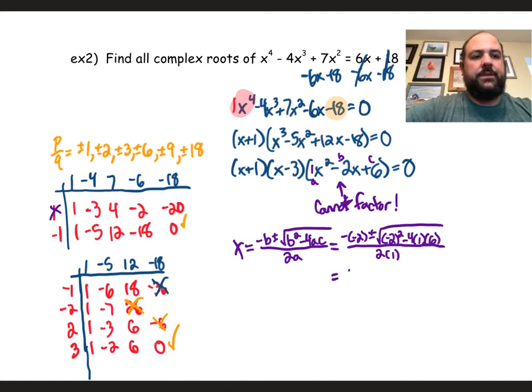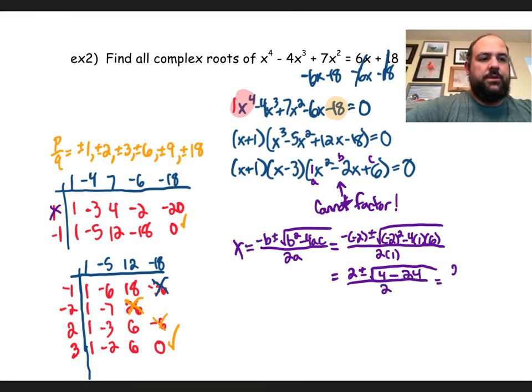So that would give us 2 plus or minus, doing some work in here, we would have 4 minus 24 all over 2. So this would become 2 plus or minus the square root of -20 all over 2.